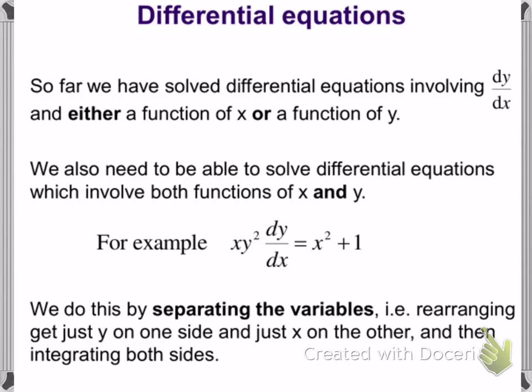We also need to be able to solve differential equations which involve both functions of x and y. For example, we have xy squared dy by dx equal to x squared plus 1. So to do this, we have to first of all separate the variables. We need to rearrange to get just y on one side and x on the other, and then integrate both sides.